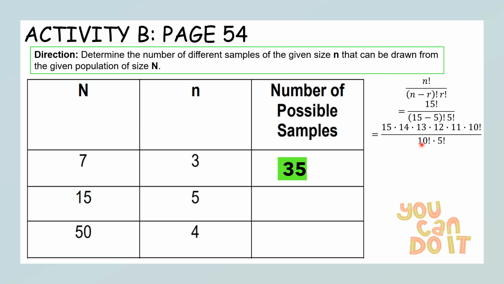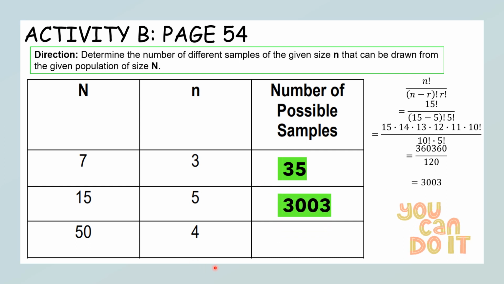So, makakancel yung 10 factorial and 10 factorial dito. So, 15 times 14 times 13 times 12 times 11 will give us 360,360 all over 5 factorial is equal to 120. So, 360,360 divided by 120 is 3,003. So, the answer is 3,003.